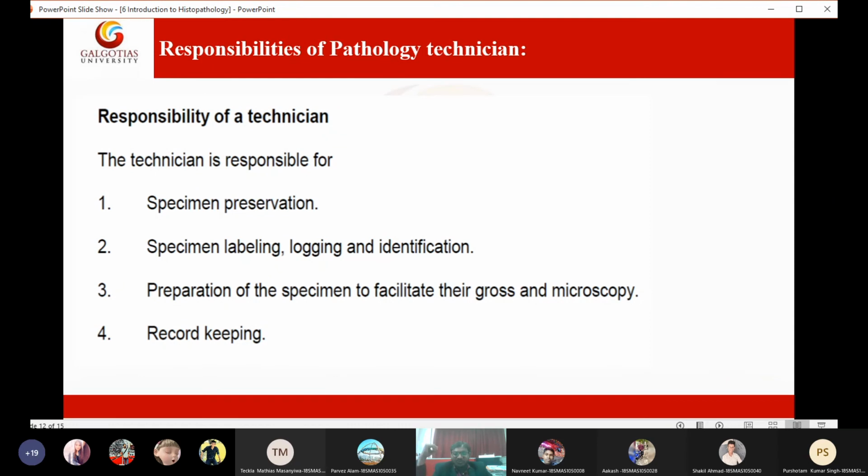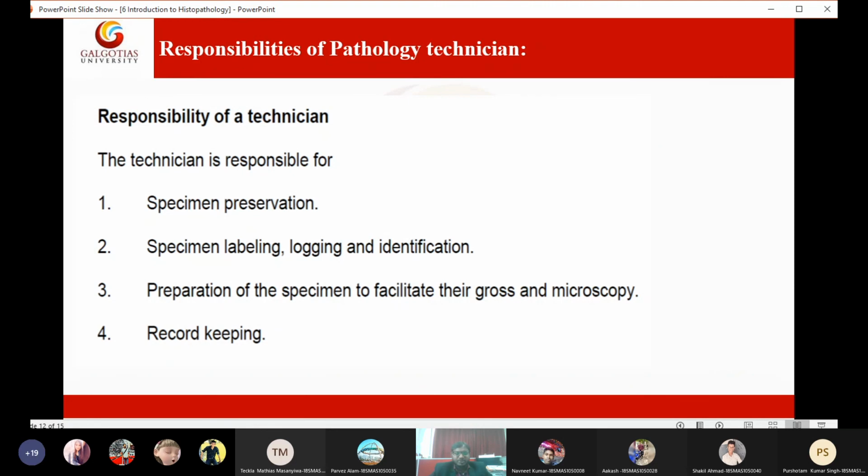Preparation of the specimen for the specialist is their gross and microscopy. The samples received in preservation, you can go for proper gross examination and get them ready for microscopy also. The histopathologist can only observe the slide, and also maintain the record.